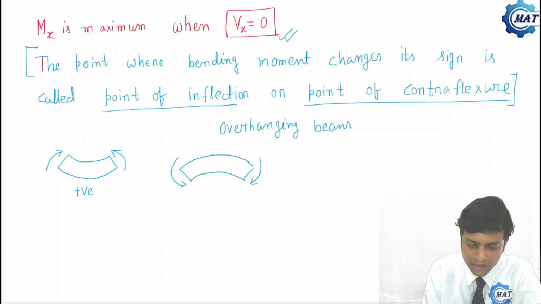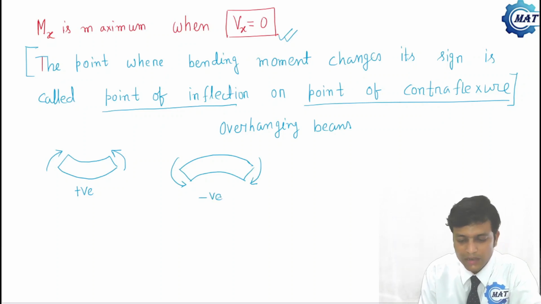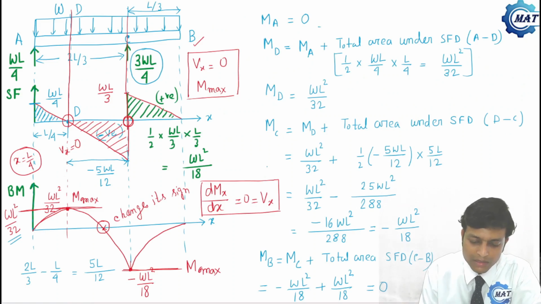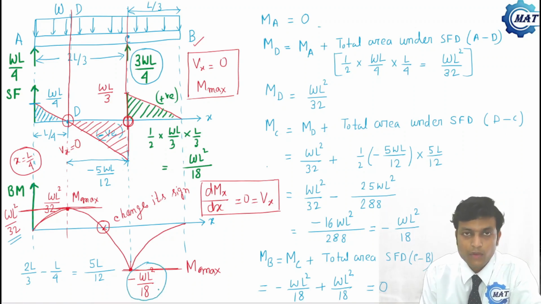So the sign of bending moment is nothing but the sense of rotation. So we will consider that this is the maximum bending moment, and due to this maximum bending moment, maximum bending stress will occur in the beam.